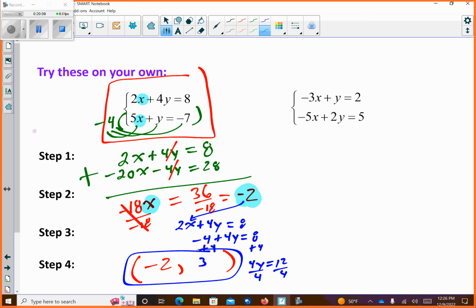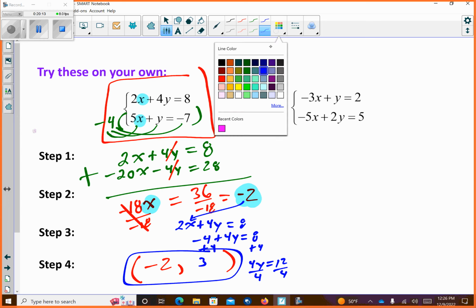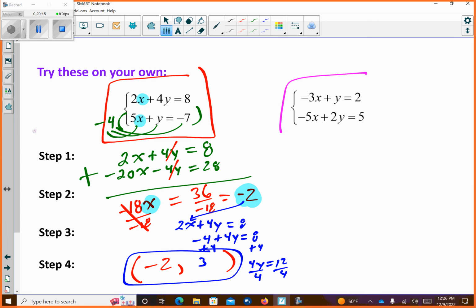Last problem of the day. Can I add these two together and have a letter go bye-bye? No. Okay. Now, listen carefully to what I'm going to say. Would you like to multiply the top by 5 and the bottom by -3 for the x's to go away? Or would you like to just multiply the top by -2 to get the y's to go away?